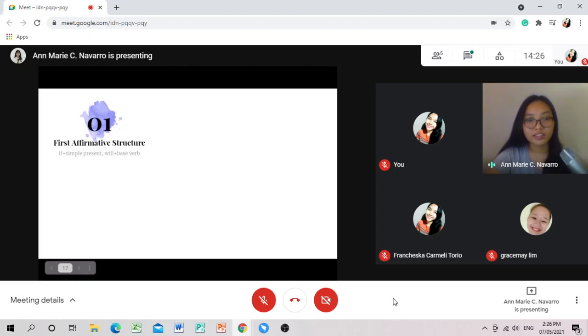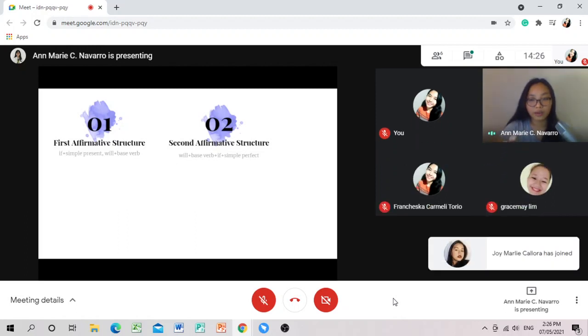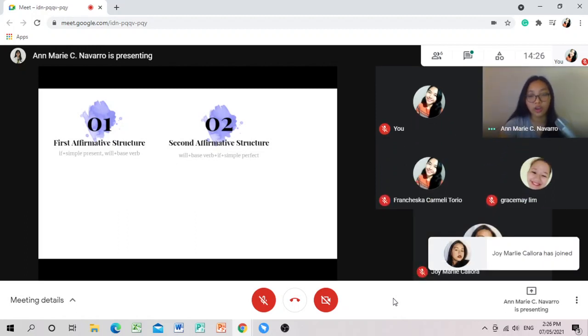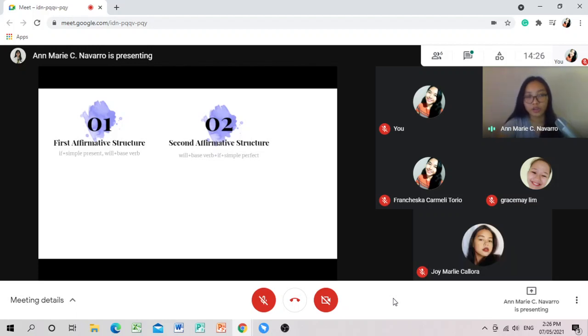Its structure is if plus simple present, comma, will plus base verb. And then the second affirmative structure is vice versa, like the result clause will be before the condition phrase. So will plus base verb plus if plus simple present.